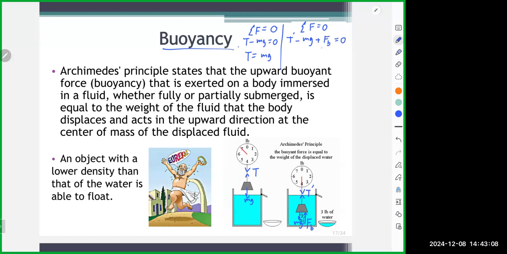I put Fb with a plus sign because the direction of the buoyancy force is upward. And when you calculate it, the weight that you get is slightly changed. It's lower than 4 pounds here.